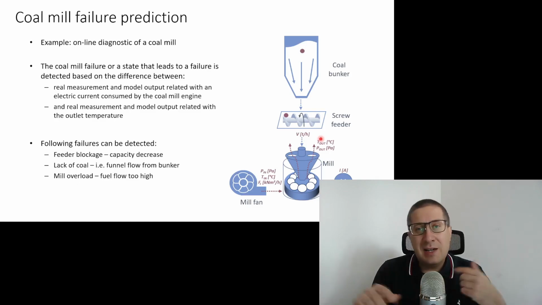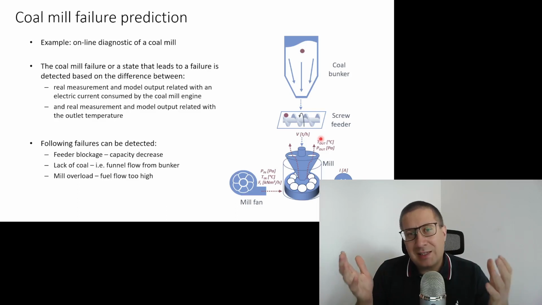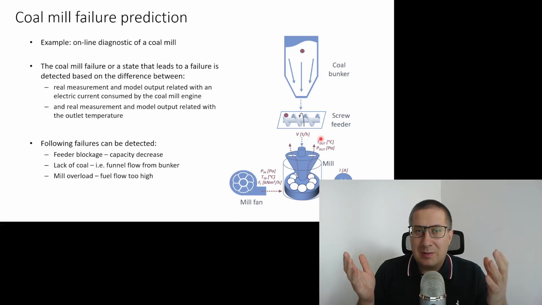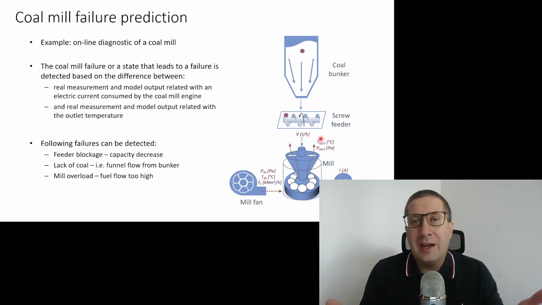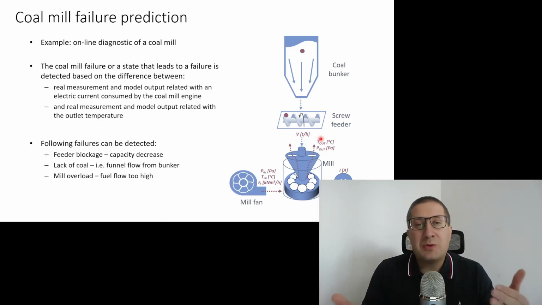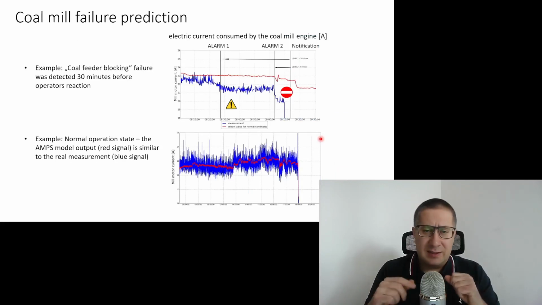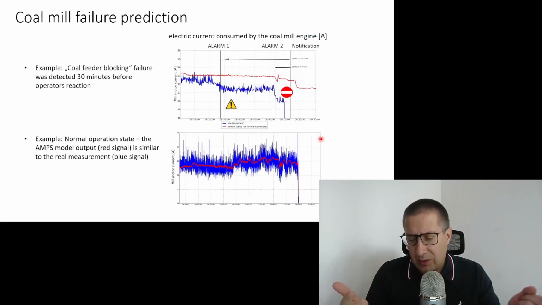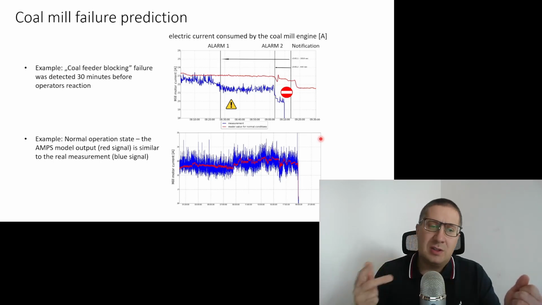On the other hand, if the temperature will start to increase, then it means that there is less coal in the coal mill and more air in proportion to the coal, so the temperature is rising. And that is why we made two models: the model of the current consumed by the coal mill and the model of the temperature. We used deep neural networks to do this.